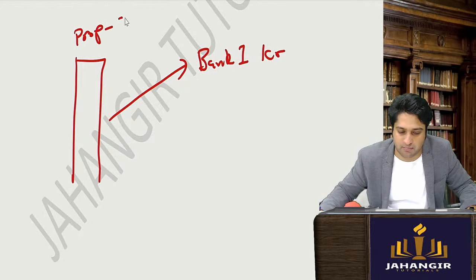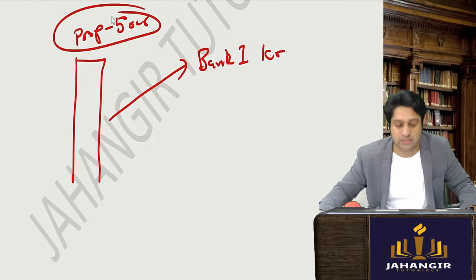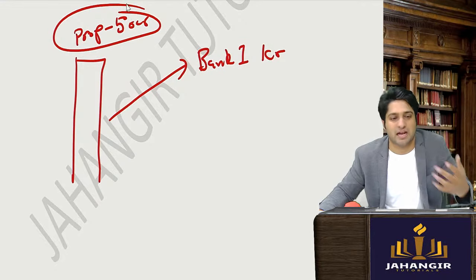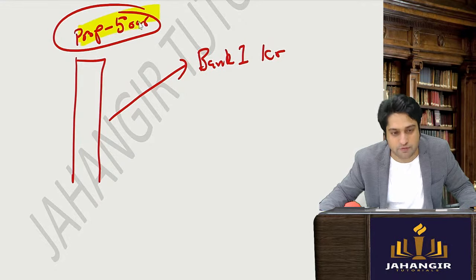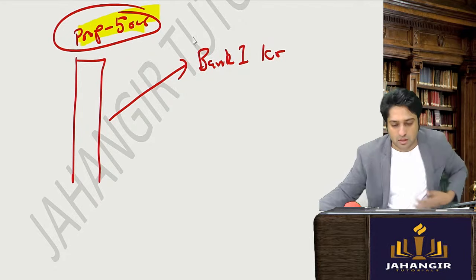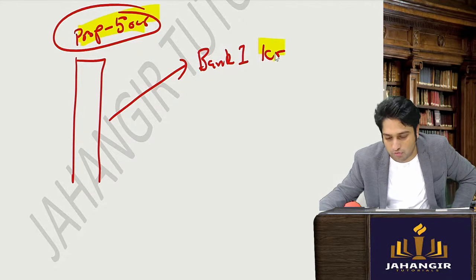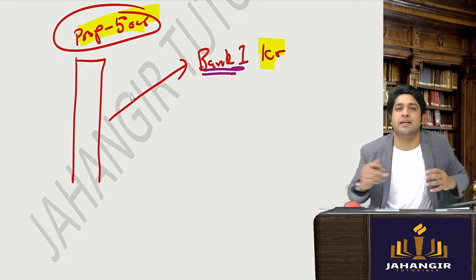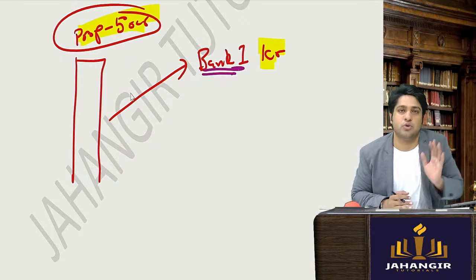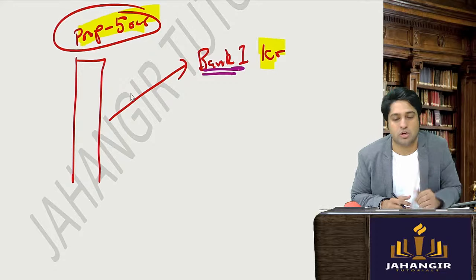Now this property might be 50 crores. Till here it is clear. The company has a building worth 50 crores. They took a loan of 1 crore and kept it as security with bank 1. Second, they realized they need one more loan. Let's go to bank 2. Bank 1 was not ready to give.